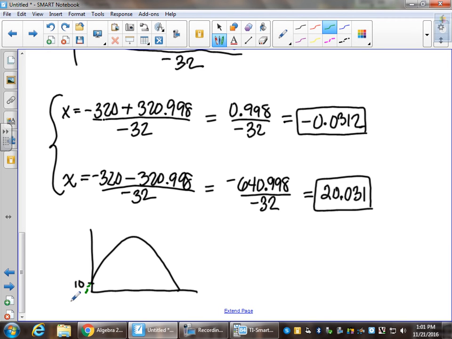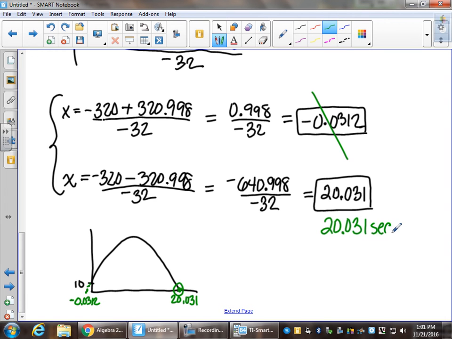That will be a negative x-intercept. That is our negative 0.0312. We reject that answer because we cannot have negative time. So our real-world answer will be this second one, 20.031 is when this arrow hits the ground.